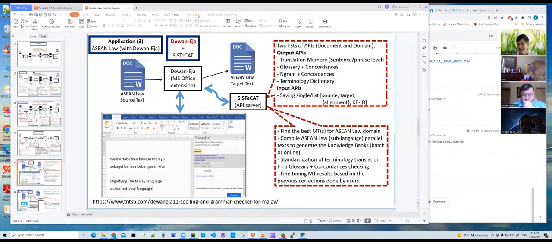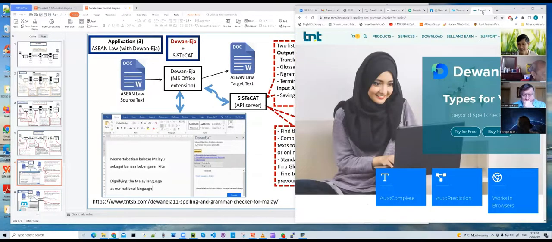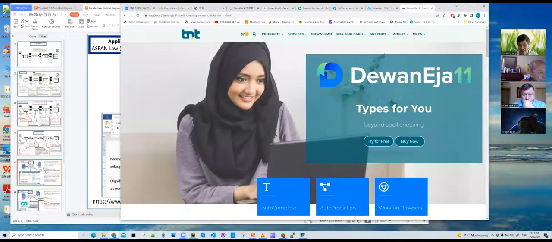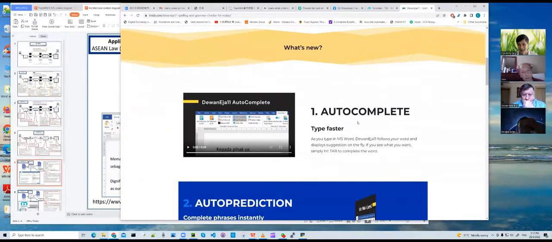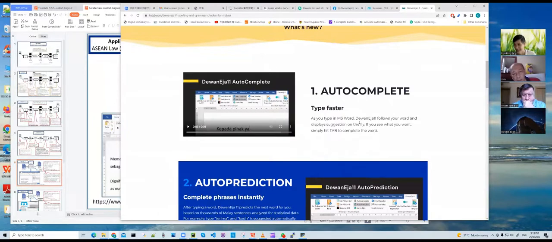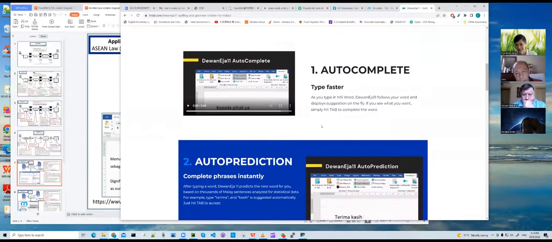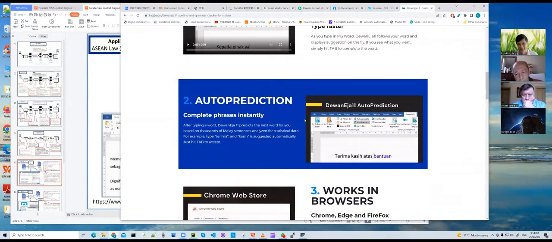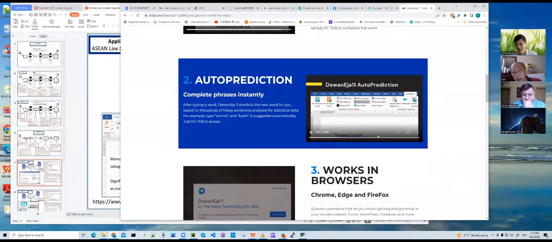So, for example, this is their website. At the moment they have this kind of facility, but it's actually an extension to Microsoft Office. When you have Microsoft, they will have the last window menu. Over there they start adding in the spell checker, grammar checker, and also typing, where you can predict the next word.